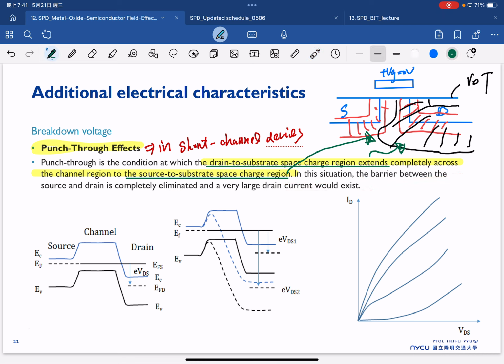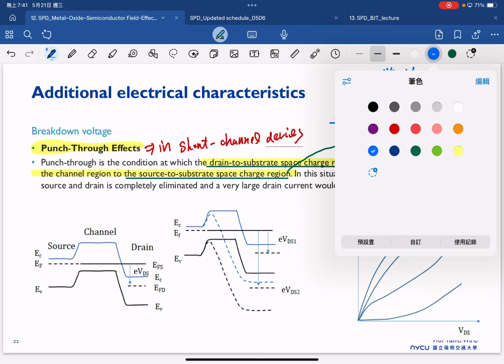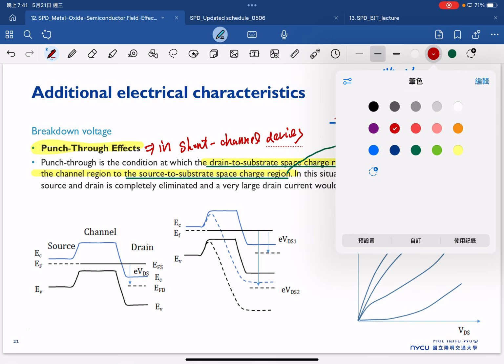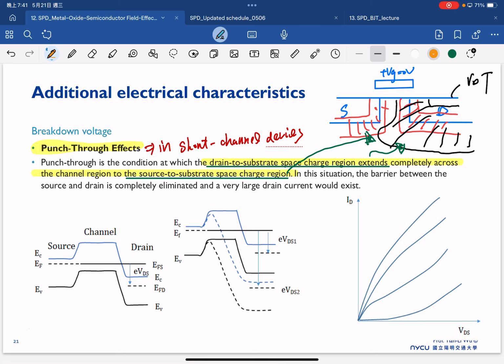In this situation, electrons can start to flow from source to drain and become the drain current. This is the electron flow direction, but the drain current is in the opposite direction. So that will cause a huge current, and this is the situation we call punch-through.